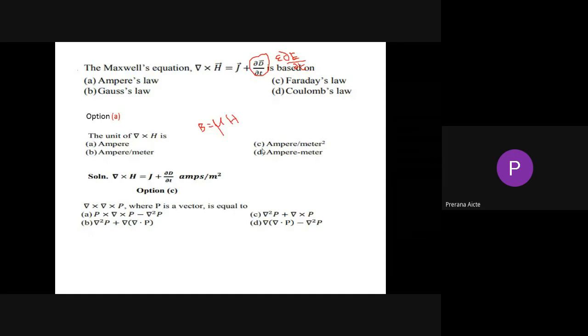Now here it is del cross del cross P: curl of a curl of P, where P is a vector. So the gradient operator del applied to a vector P in cross product, that is del cross P, again applying the cross product, that is del cross del cross P, is equal to what?